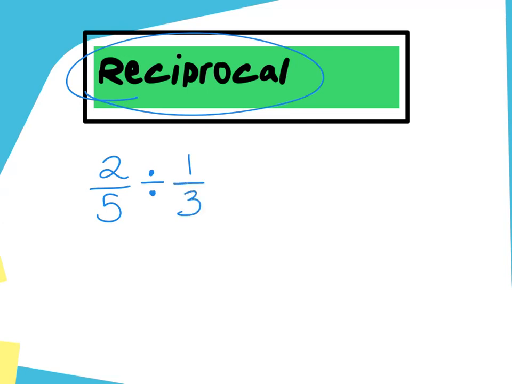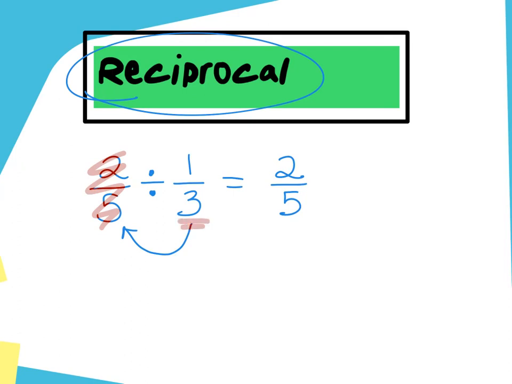Whether you recall it or not, you learned what the reciprocal is in 6th grade. If I take a division problem, let's say 2/5, and I want to divide it by 1/3, I'm trying to figure out how many 1/3s fit into 2/5. In order to do that, I can rewrite it as a multiplication problem by keeping the first term exactly the same, but finding the reciprocal of the second term.